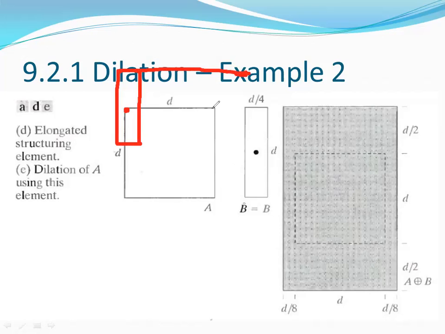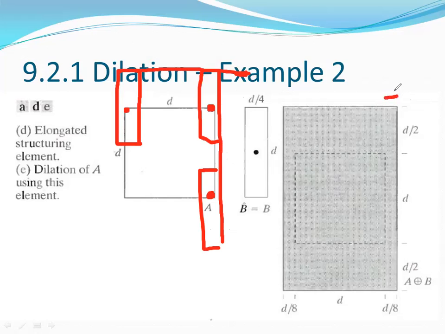No. When you come to this point, the box cannot go further on the right side because the dot has stopped here, so this itself is the boundary. Similarly, moving down, I can come till this point on the right side. On the right side I can expand by half of the width of the structuring element. Then below I can go till the length, and then I move on the right side.